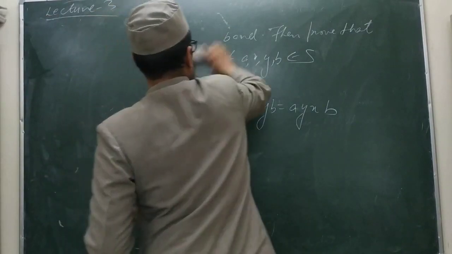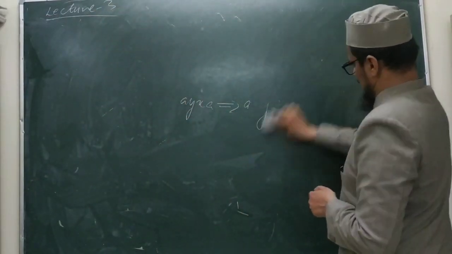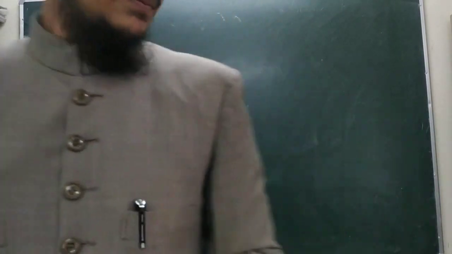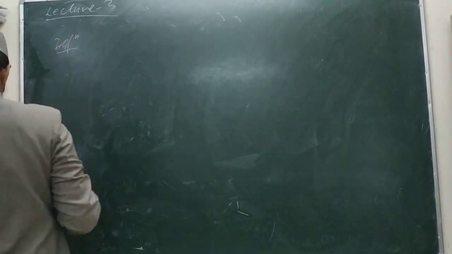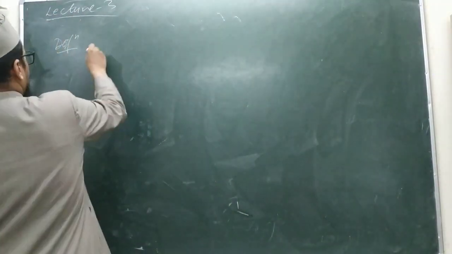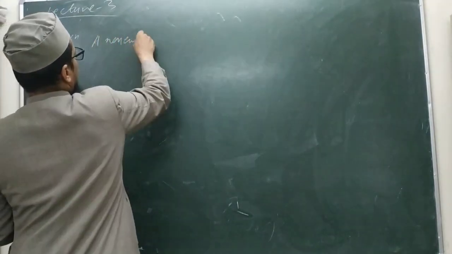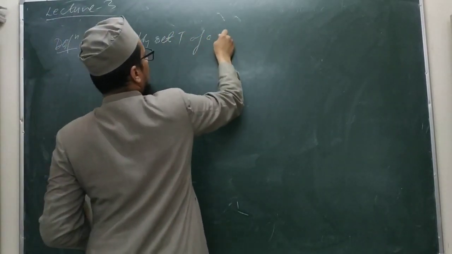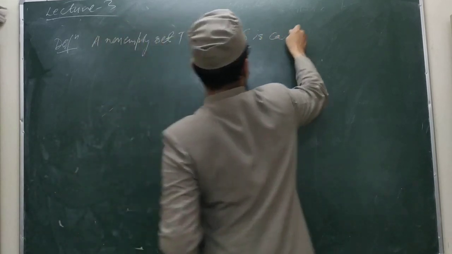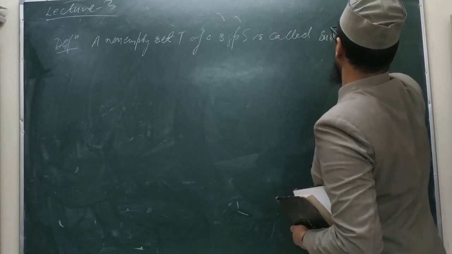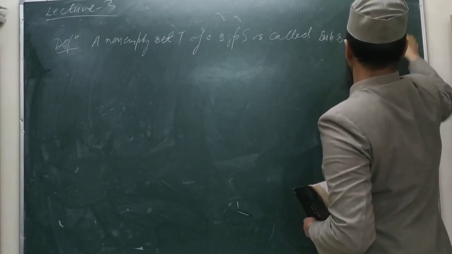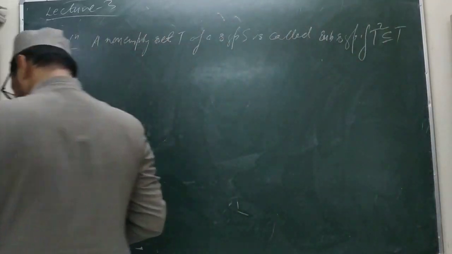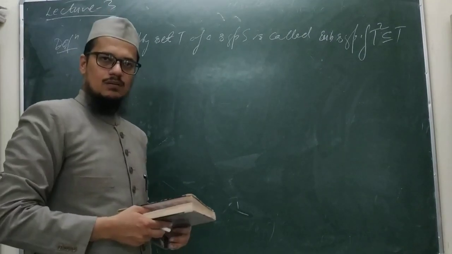Now I will tell you some definitions. A subset T of a semigroup S is called a subsemigroup if T square is contained in T. Is it clear?